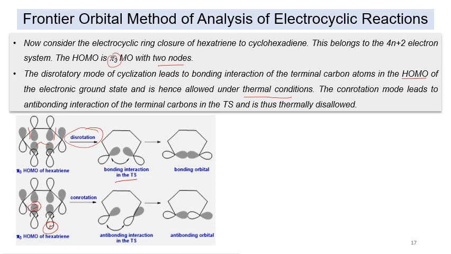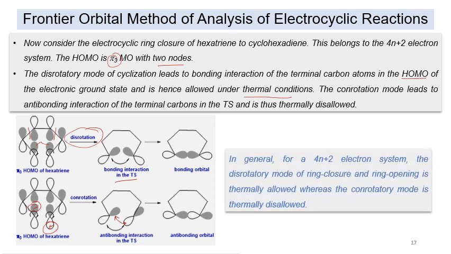So, we are going to have an anti-bonding interaction in the transition state, and therefore it will be thermally disallowed. In general, for a 4n plus 2 electron system, the disrotatory mode of ring closure and ring opening is thermally allowed, whereas the conrotatory mode is thermally disallowed.